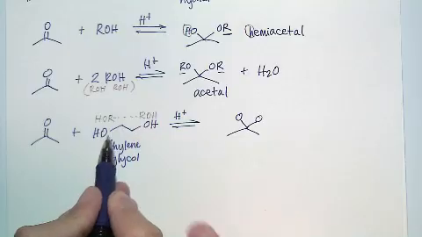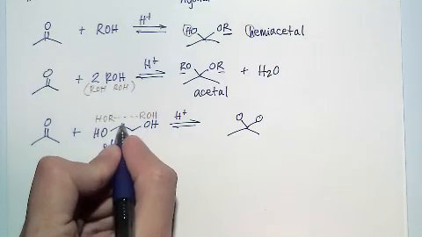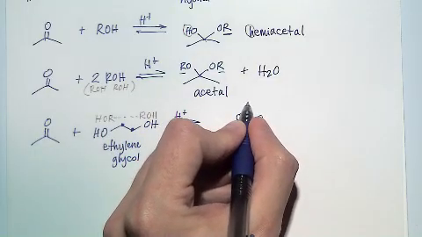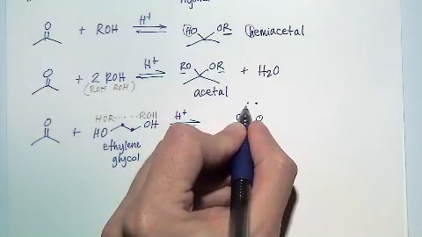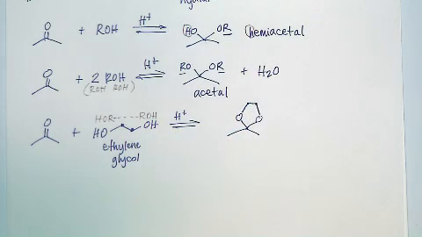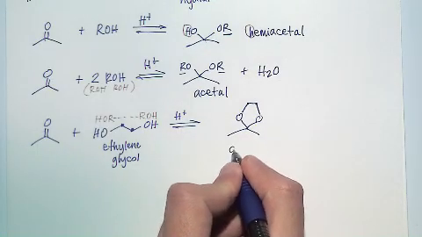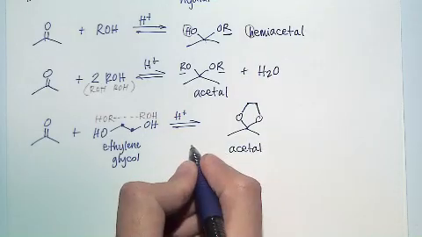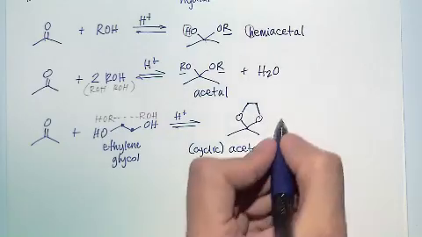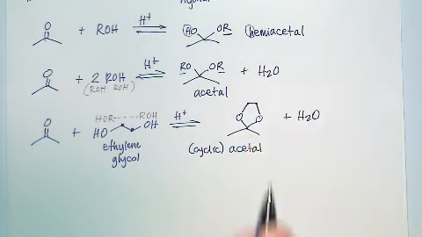Well, in between the oxygens, there's 2 carbons. 1, 2. So that means that between these 2 oxygens, there's 2 carbons. So we end up with a 5-membered ring. And this is still an acetal, but if you like, it's a cyclic acetal. And you make water as a side product.